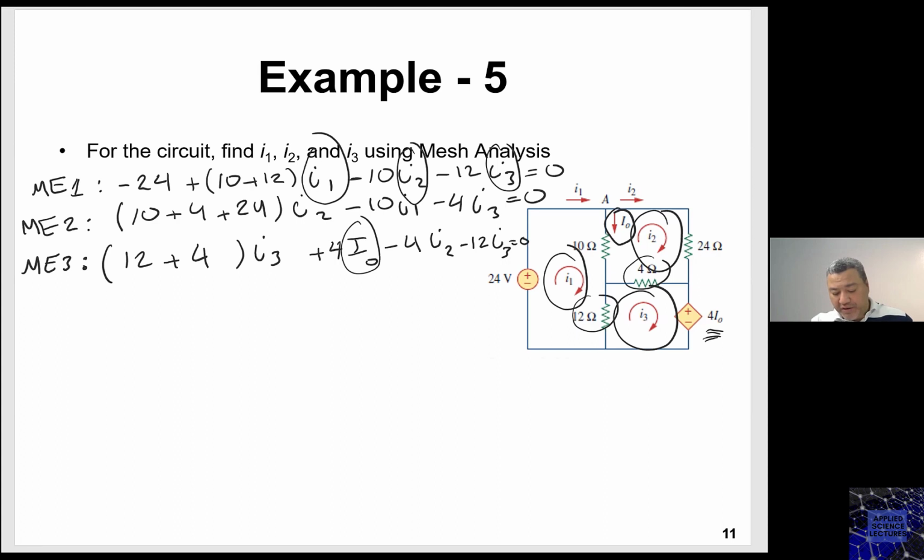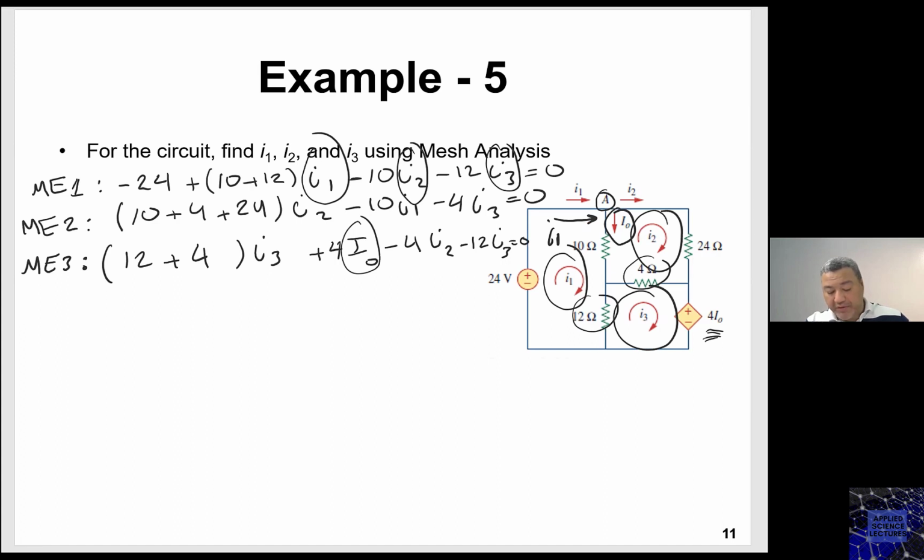If I go here to A and write a KCL, see this I1? This is my small I1. And by the way, those are small as well, so that's why I have them here ready.